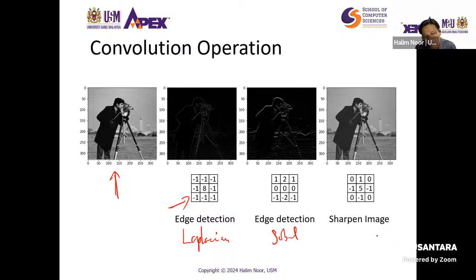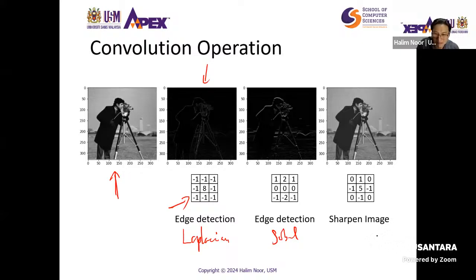Now, as you can see, when we apply the filter, the first two filters are basically to detect edges. So when we apply the filters, we are able to pick up the edges of the data.